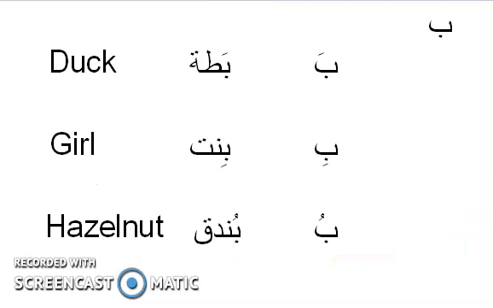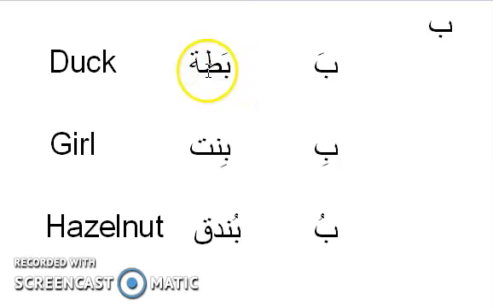Let's see an example. Letter ba. This is the name of the letter ba. When it has fatha, a small slash on the top of it, we pronounce it as "ba," but its name is "ba." So this word, we pronounce it as "batta."